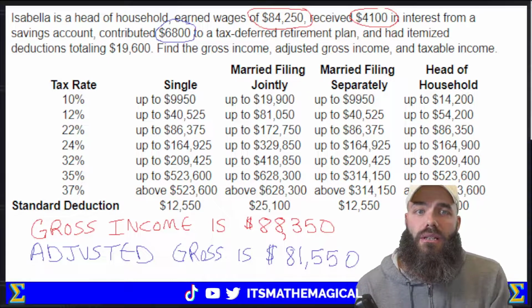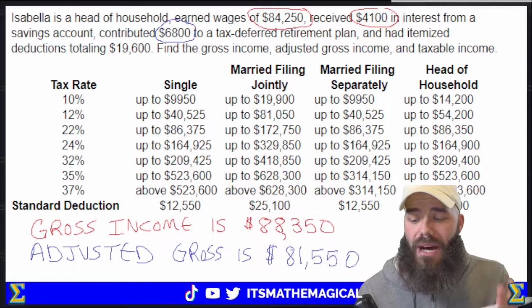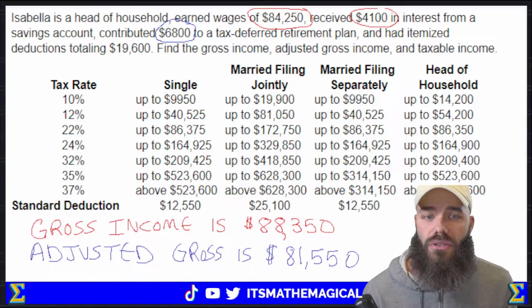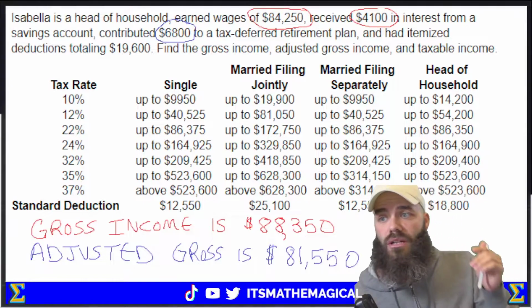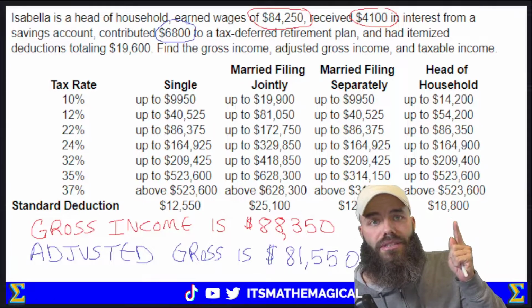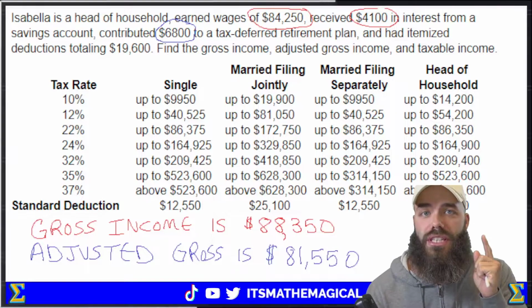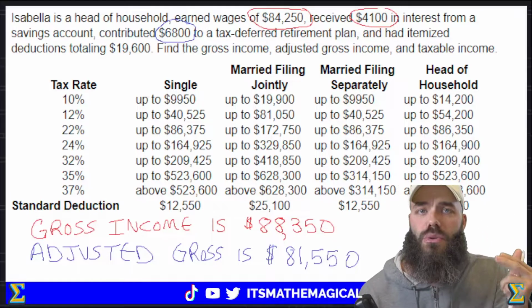And so if I look here, if I read, Isabella has itemized deductions that total $19,600. If you look at the chart for a head of household, right here, the standard deduction is $18,800. So she will choose to itemize her deductions because it's the larger of the two amounts.